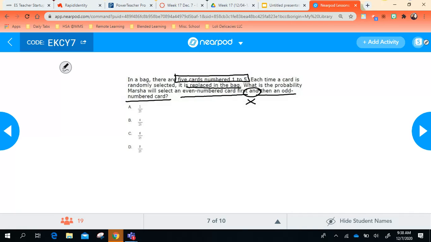Okay, so how many cards does Marcia have in the bag? She has 5 cards in the bag. Now, that's not the only important thing. What are the cards labeled? What numbers are they? 1 through 5. So I have cards 1, 2, 3, 4, and 5.